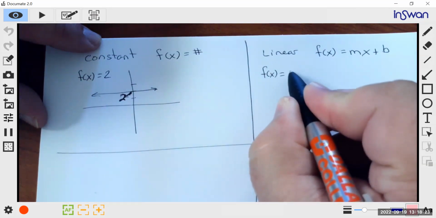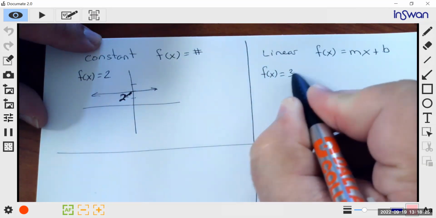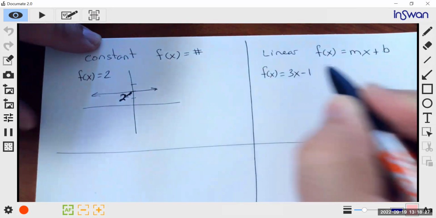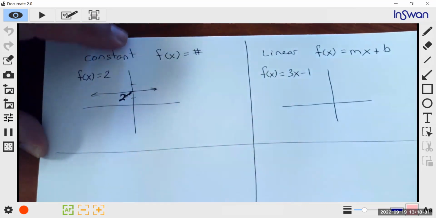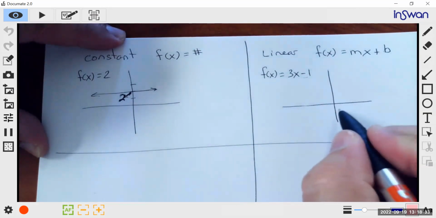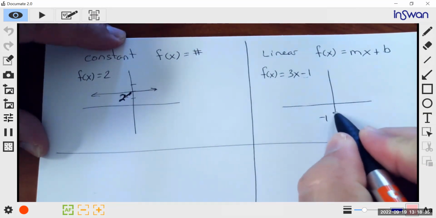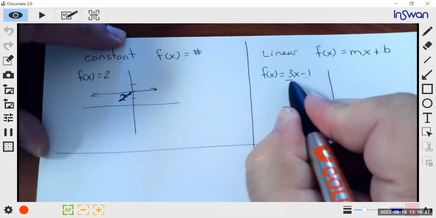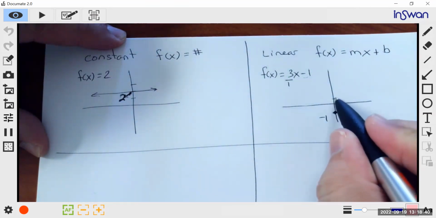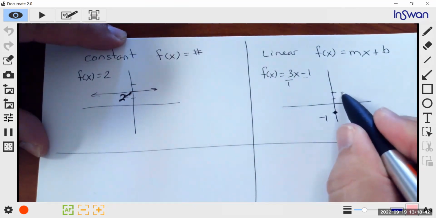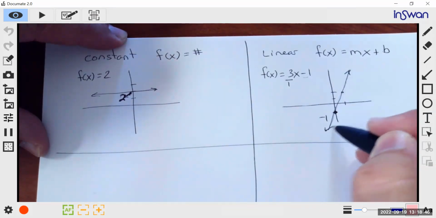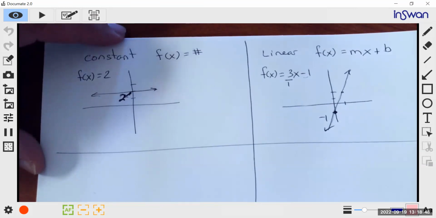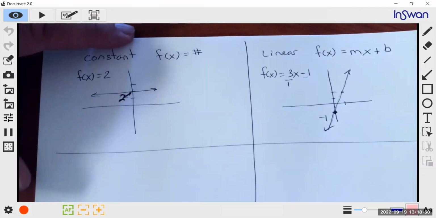So for example, 3x minus 1. We know the y-intercept is at -1. And the slope is up 3, 1, 2, 3, and over 1. There's that graph.